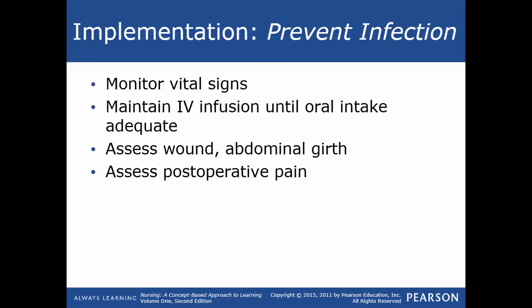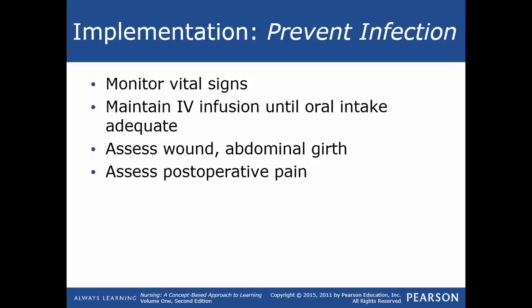In preventing infection, again, monitor vital signs, including the temperature. Tachycardia and rapid, shallow respirations can indicate a ruptured or perforated appendix. That usually leads to peritonitis. They may also have a fever as well. If their blood pressure decreases, that could indicate that they have become septic.